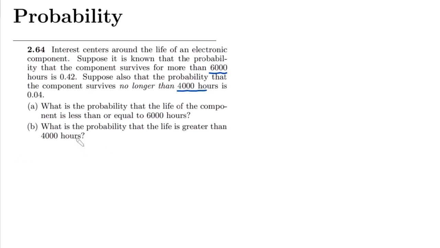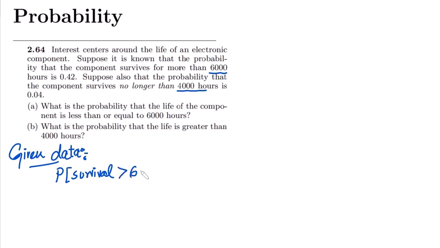So before proceeding to the solution of this question, let me write the given data here. The probability of survival for more than 6,000 hours is 0.42. So the probability that survival is greater than 6k is 0.42.